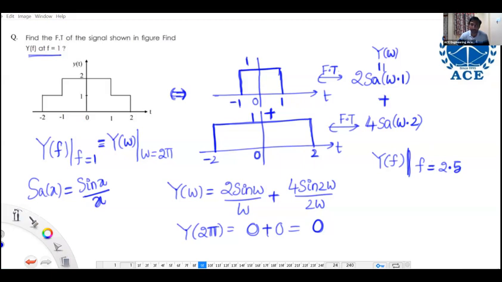Then also what is the answer? 0 only. Because f value 2.5 means what is omega? 5 pi, since omega is 2 pi f. Sin 5 pi is 0, and here sin 10 pi is 0 or not?